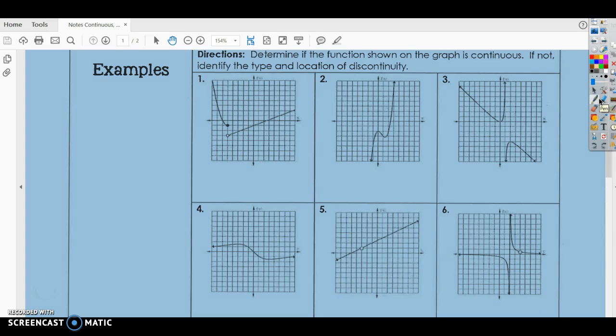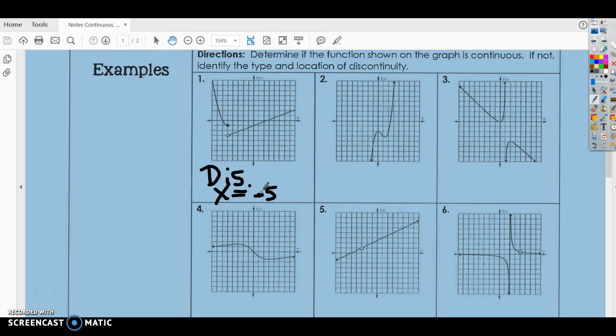Okay, so we're going to say that the first one is discontinuous. And I'm just going to abbreviate that for now so we can get through the notes a little bit faster. Okay, where is it discontinuous? If you look at your x-axis, 1, 2, 3, 4, 5. So where x equals 5 would be the discontinuity.